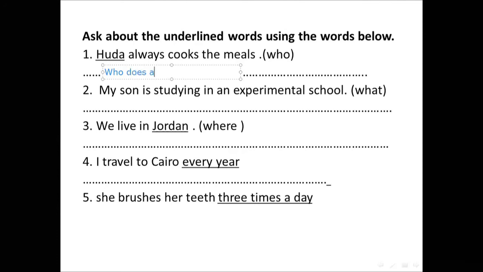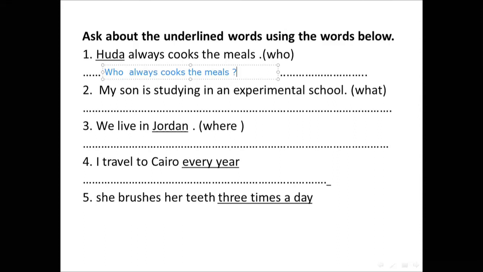After does, always, and cook, the meals. Who always cooks the meals? Who always cooks the meals? Okay, and this is the sentence.